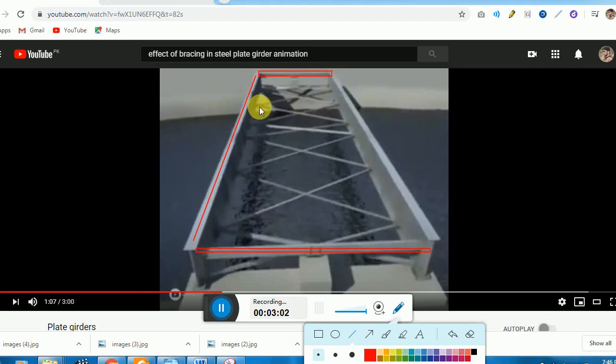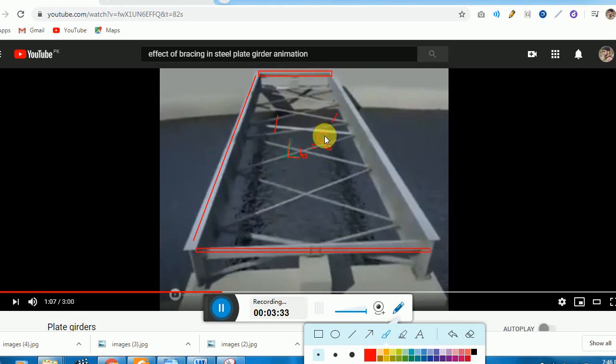In case A, they set this length the same, that is LV. In the first case LV is equal to 8 feet.